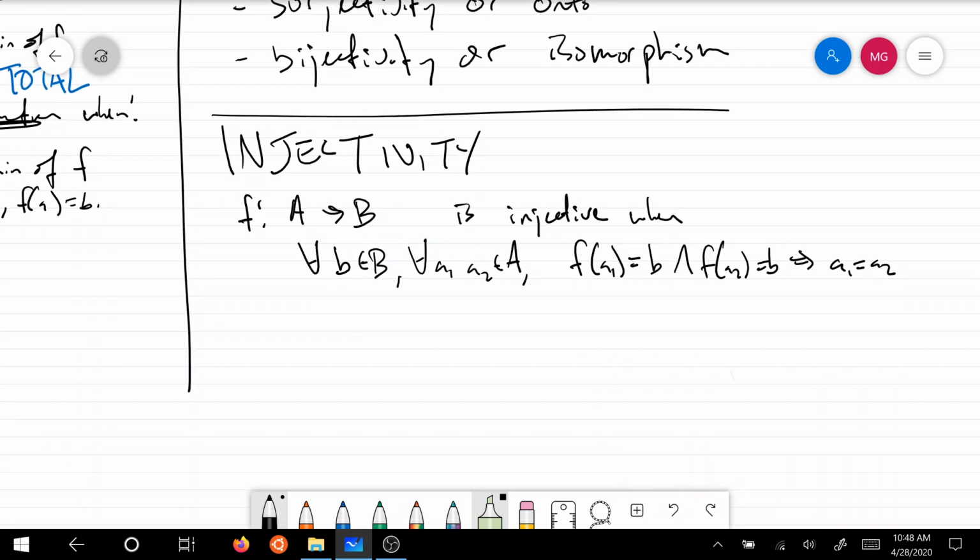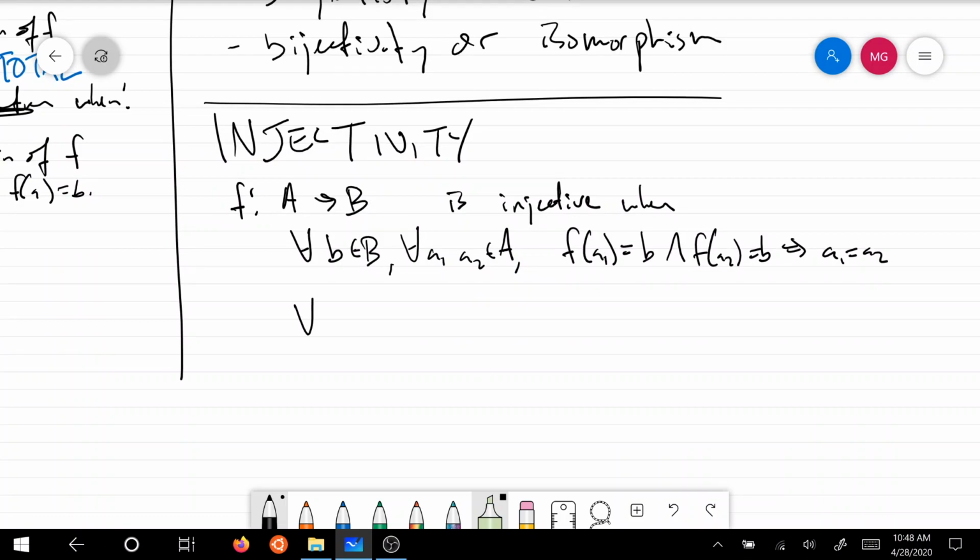Okay, so I just stated that a slightly funny way. Here's a simpler way of saying it. For all a1, a2 in A, f of a1 equals f of a2 implies a1 equals a2.